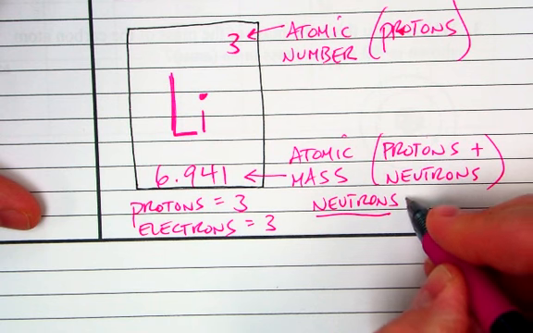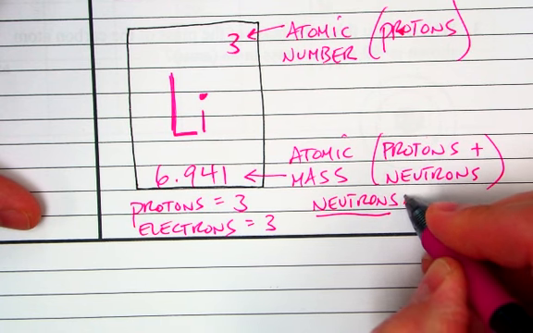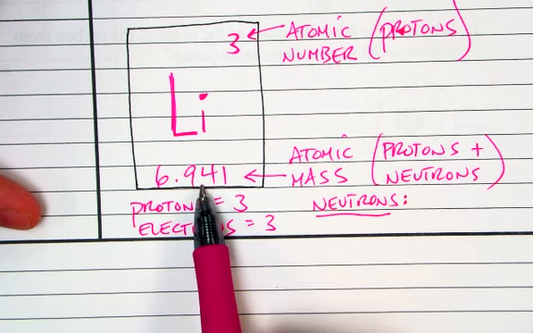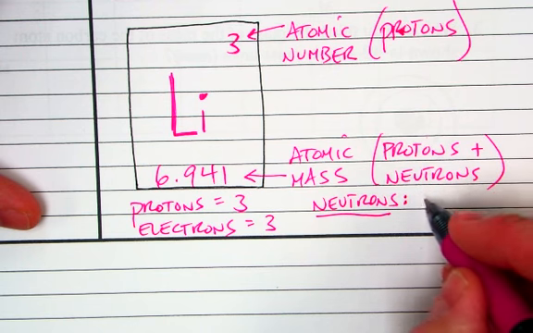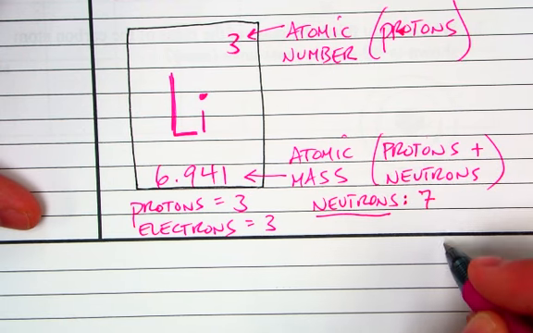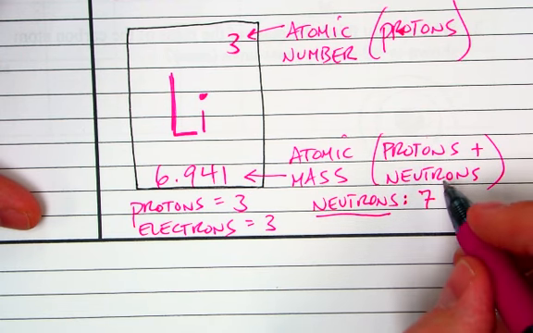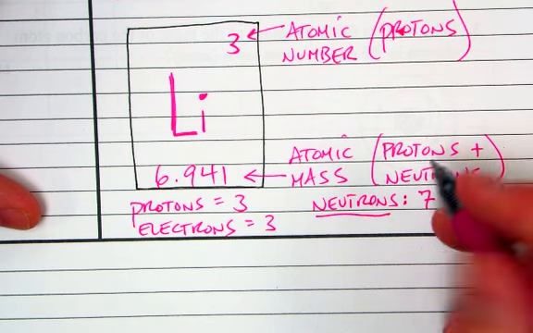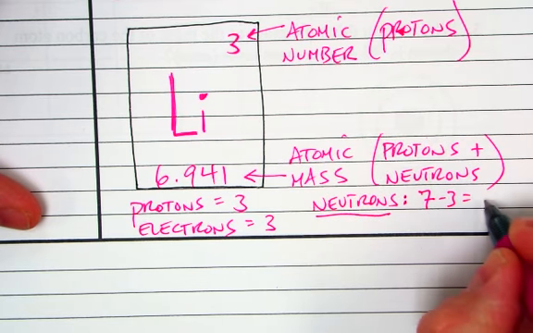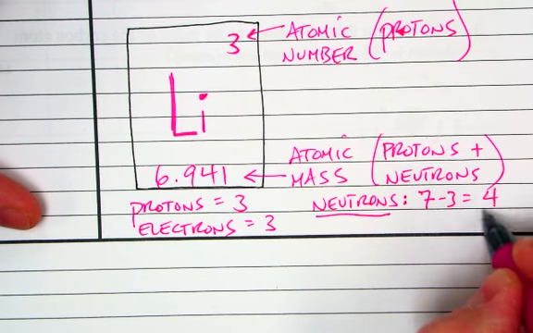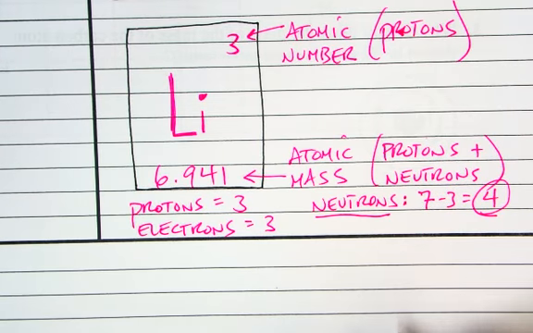Now, one thing that we're going to do ahead of time is take the 6.9 number and round it to the nearest whole number, which is 7. And we're going to subtract 7 minus 3, and we're going to get 4. So we have 4 neutrons here.